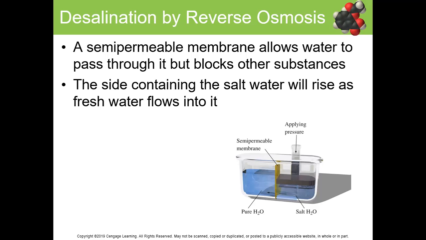That's osmosis. So reverse osmosis would literally be taking all that food dye and getting it back into a drop. That's a non-spontaneous process. That's something that you have to put forth work to have happen.